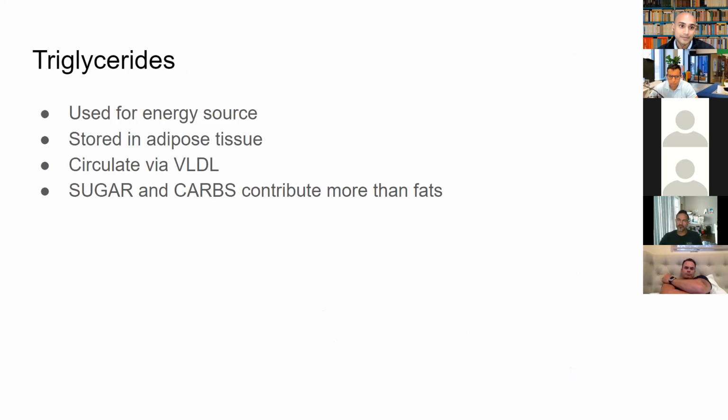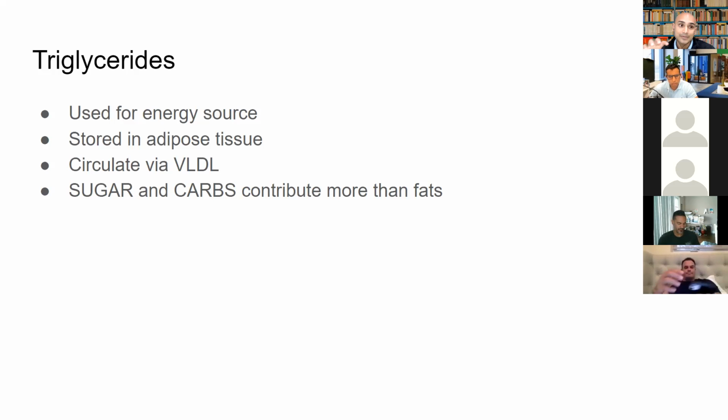So let's talk specifically in terms of triglycerides. As I mentioned, they are used as an energy source because fatty acids can be used for production of ATP in cells, and they're stored in the adipose tissue, as I showed. Another term that you may see hanging around is VLDL. I always talk about how your VLDL is a really unhealthy form of your LDL, right? And you want to lower that, right?